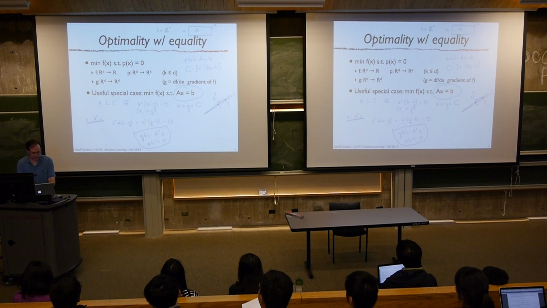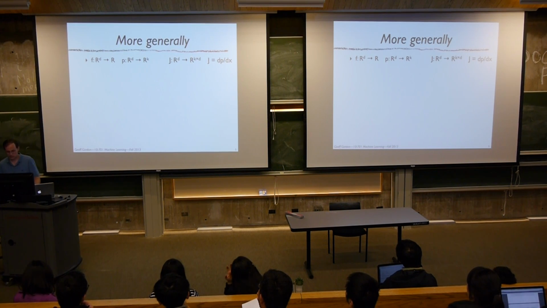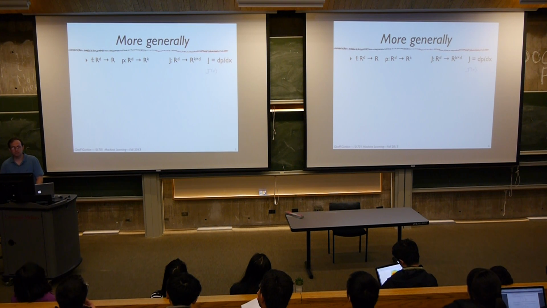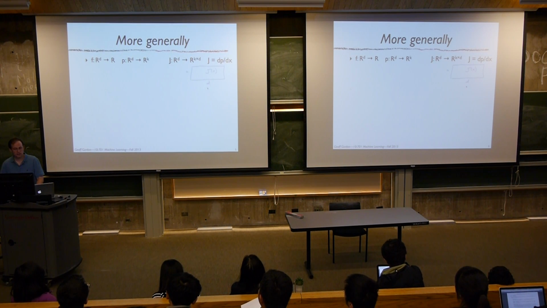Now let's go back to the more general case. If we define this matrix J of x, which is the gradient of p with respect to x, it'll be a matrix with k rows and d columns.